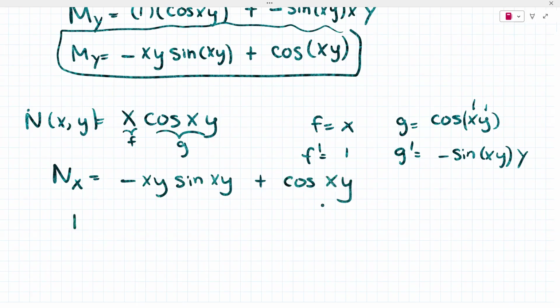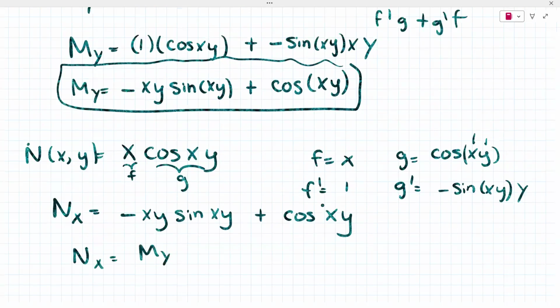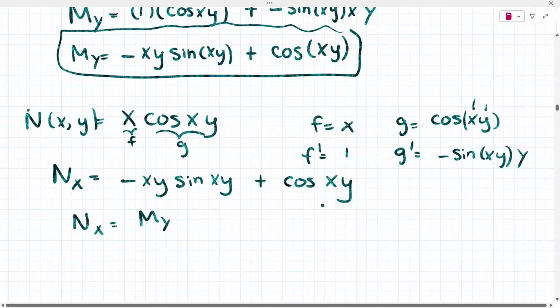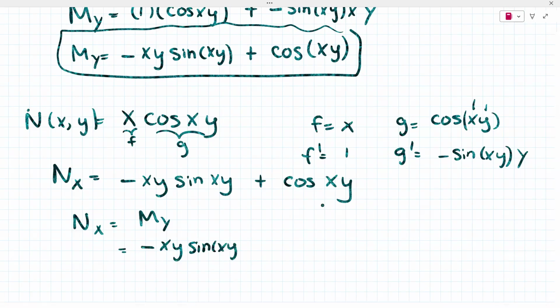So my N of x is going to be, does N of x equal M of y? Yes, because M of y is negative xy sin of xy plus cosine of xy, and then my N of x is the same thing.